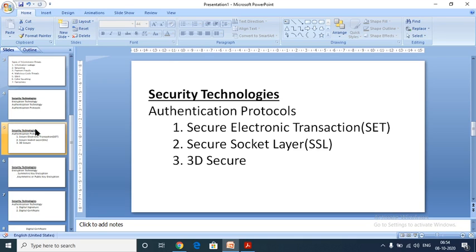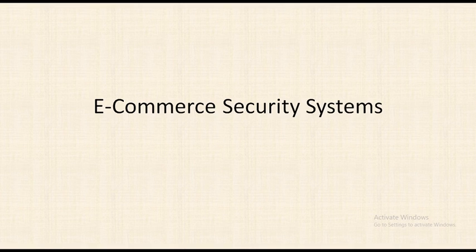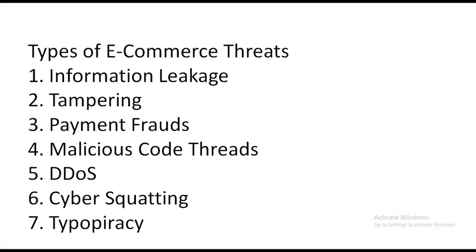And who gives the digital certificates? Digital certificates are issued by certification authorities, CA. When I request a digital certificate, the authority verifies my details and my identity, the identification I have given.